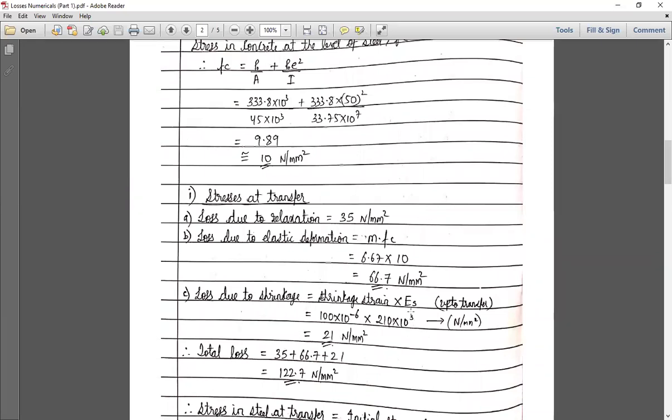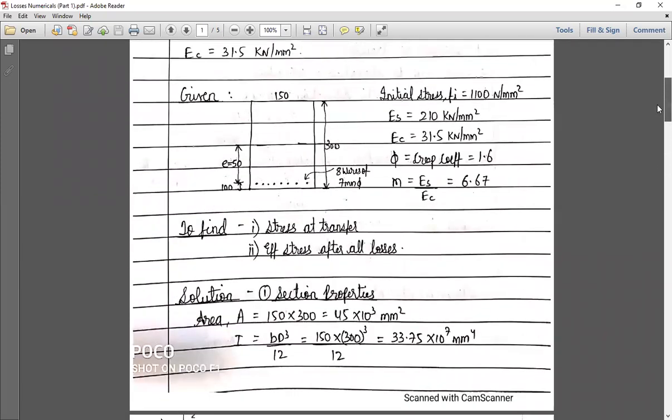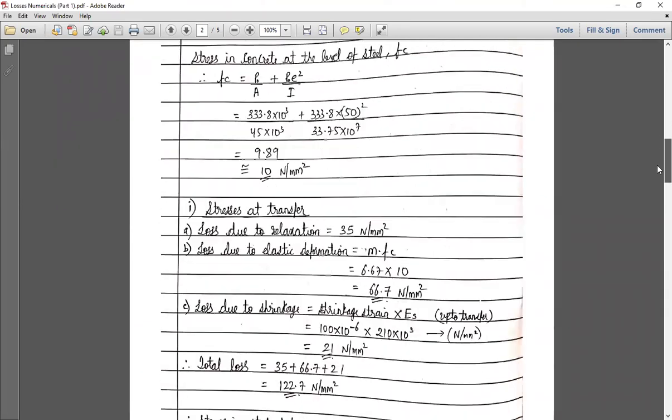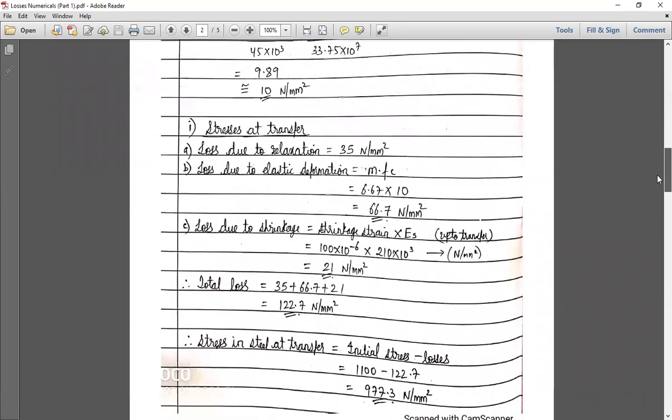Modulus of elasticity of steel is given to us as 210 kilonewton per mm square, so we will have to convert that into Newton per mm square. So therefore, total loss is how much? This 35 plus 66.